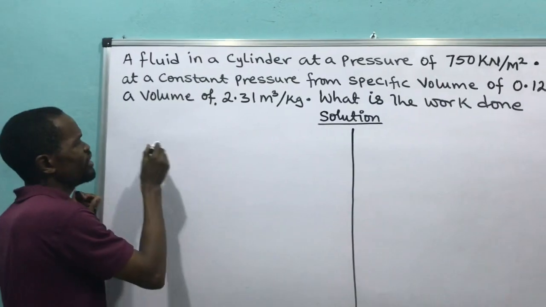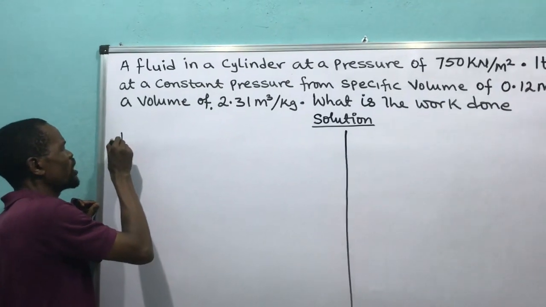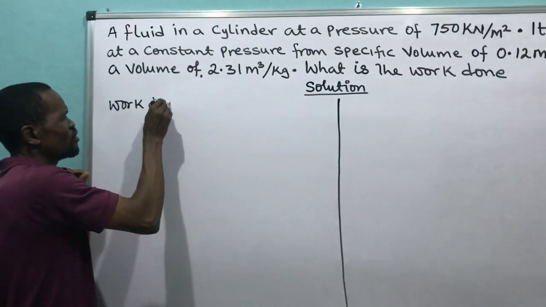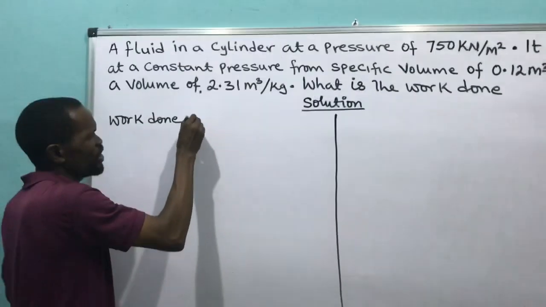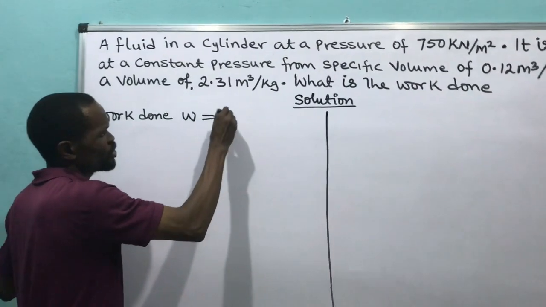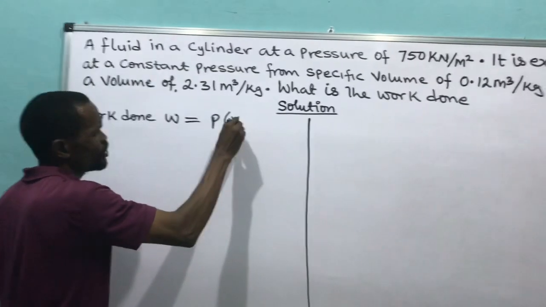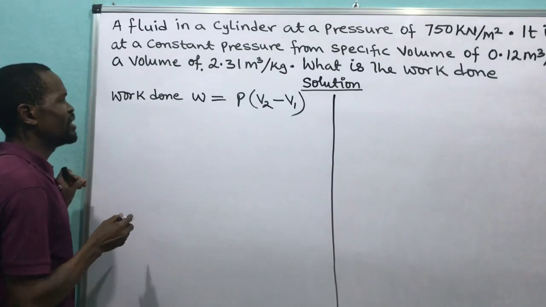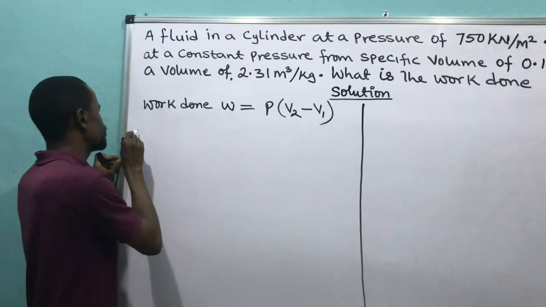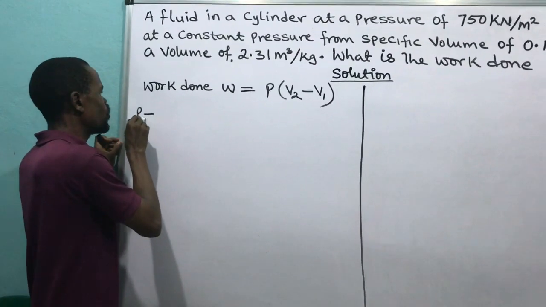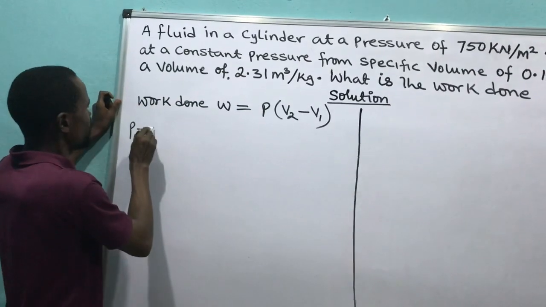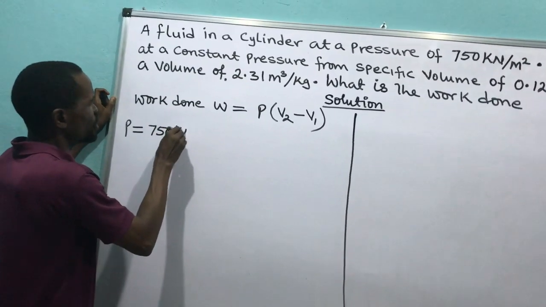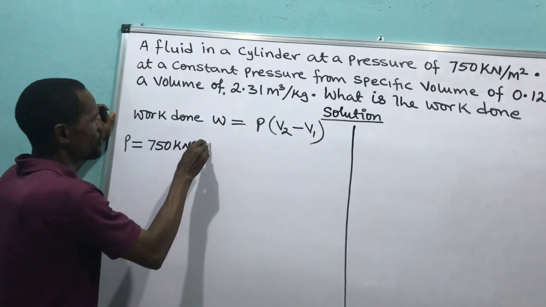Then let us go to the question. Now using the formula for work done, W equals pressure times change in volume, P times (V2 minus V1), which we are not confused about. Then I have my pressure P, which was given to me as 750 kilonewton per meter squared.